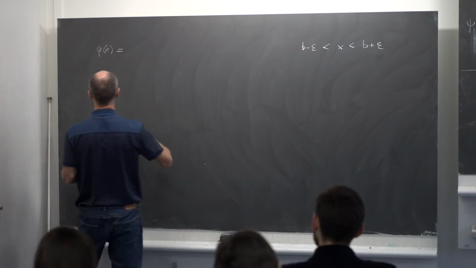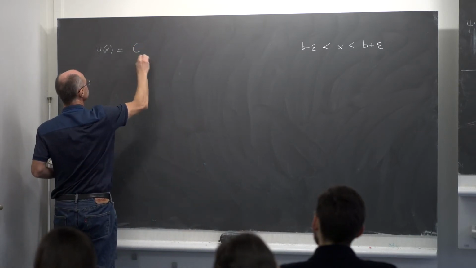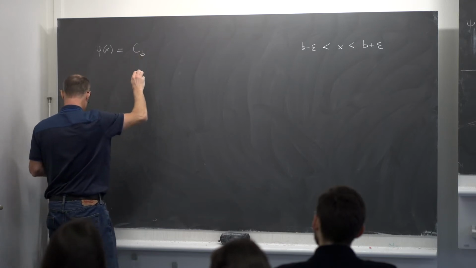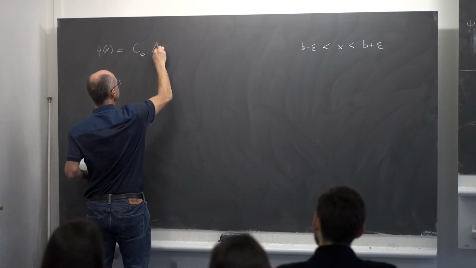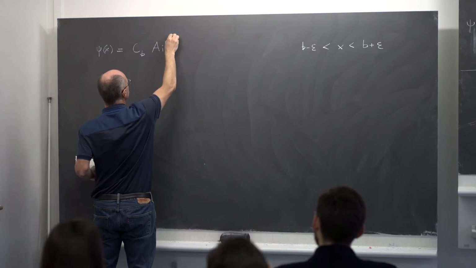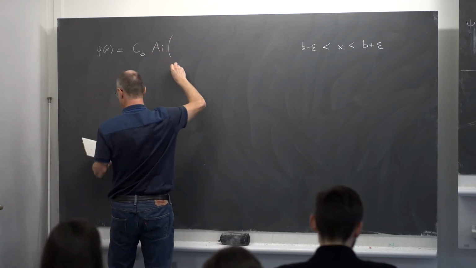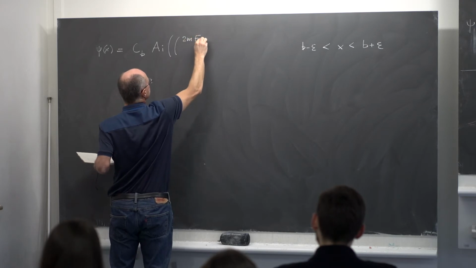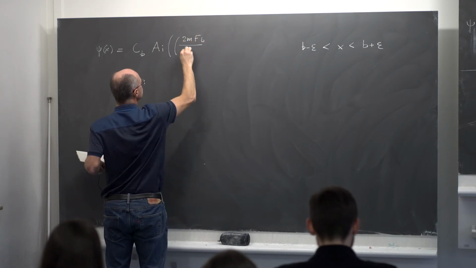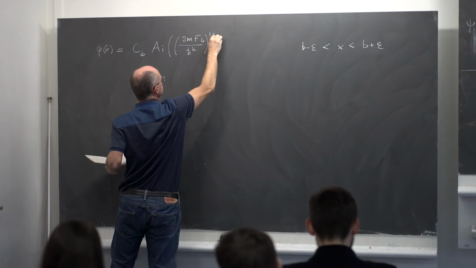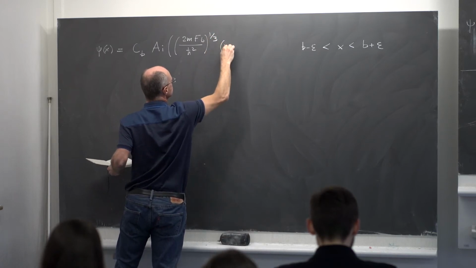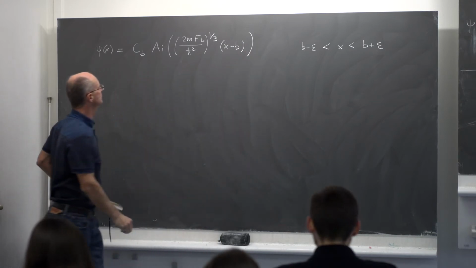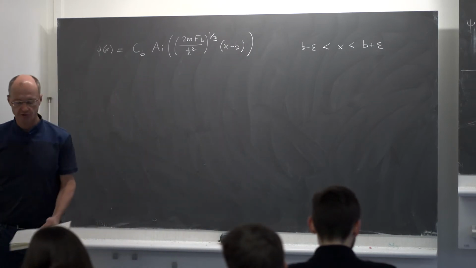We can say that this is some new constant, let's say c_b, times the Airy function. And in this Airy function, we have to put in this ugly argument. So we can try to do that.